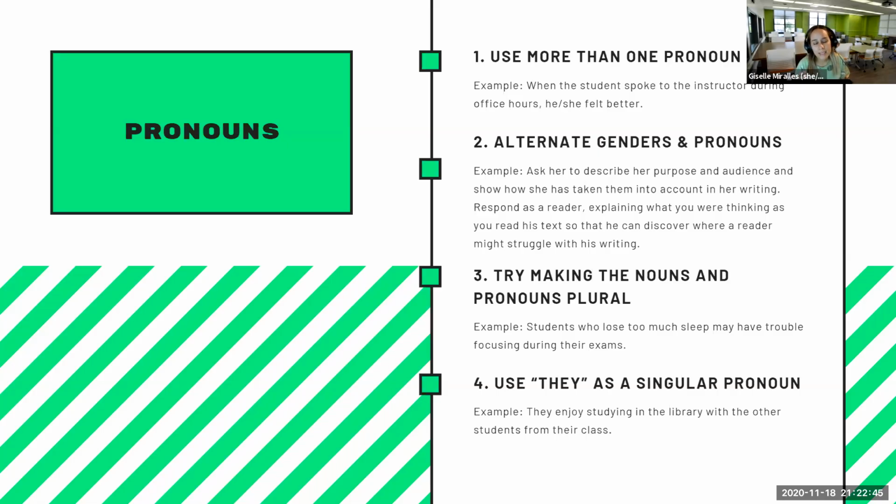So, making the sentence plural is one way to get past gendering someone or a group of people with a singular pronoun. The fourth strategy I have is to use they as a singular pronoun.